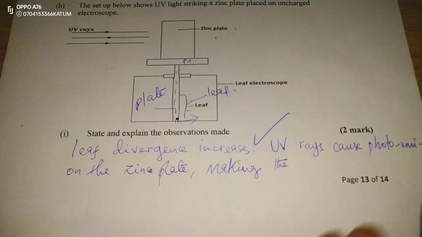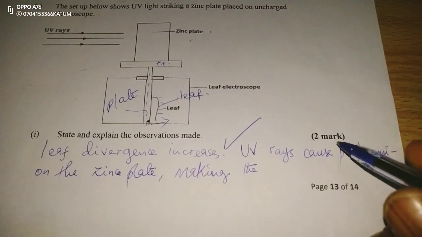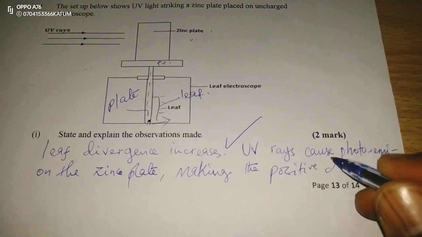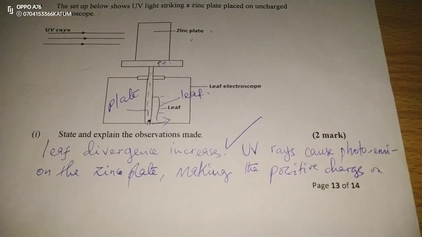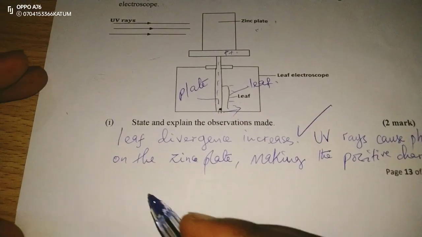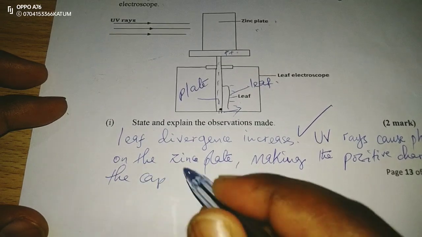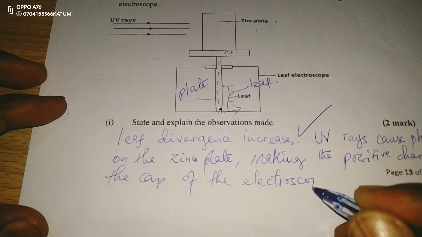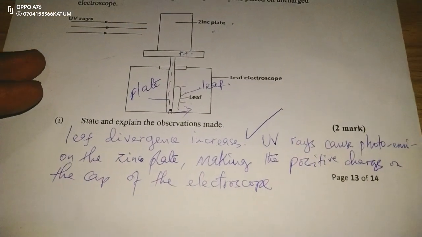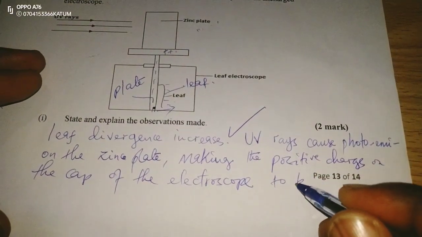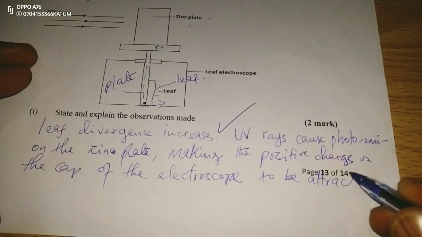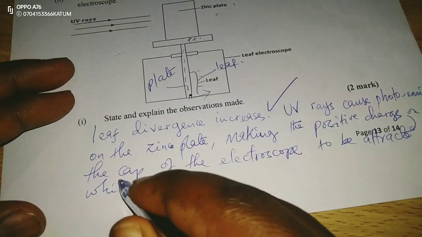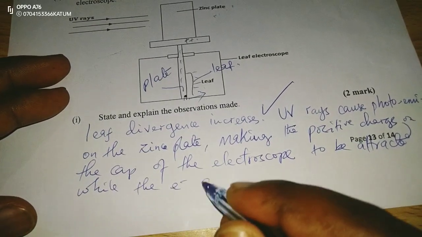This will make the positive charges on the cap of the electroscope to be attracted, while the electrons are repelled.